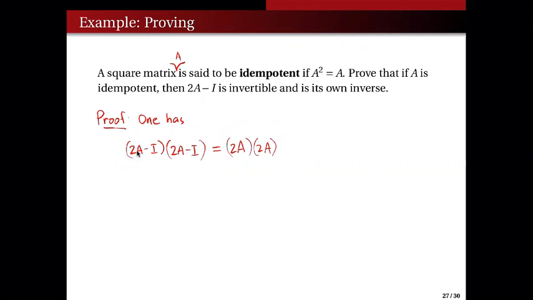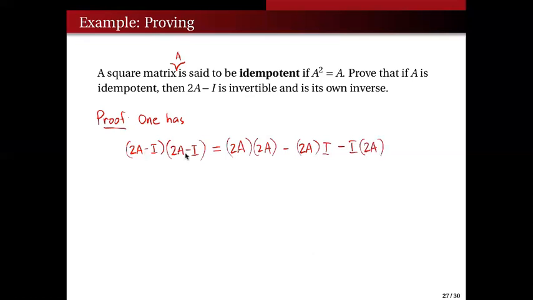And then here, 2A times negative I, this becomes what? 2A times I, with a negative sign. And then we have here minus I times 2A.